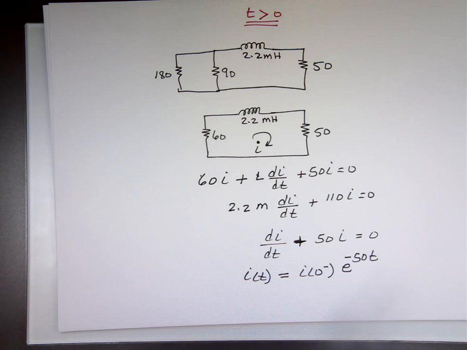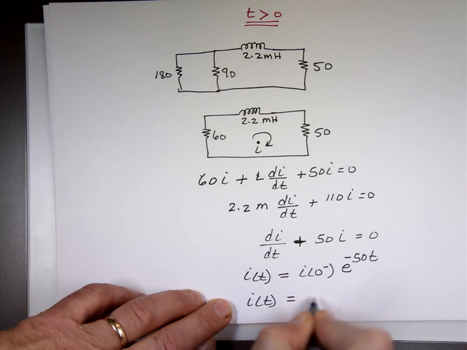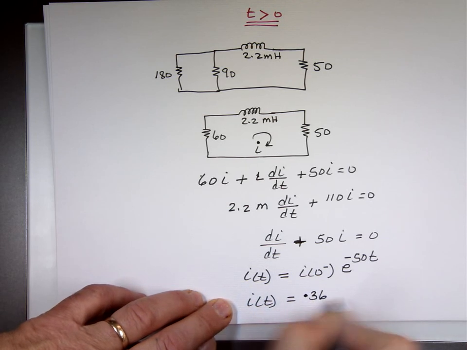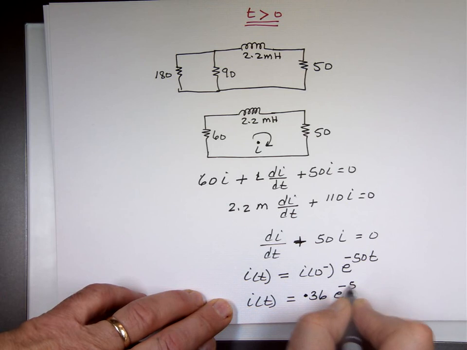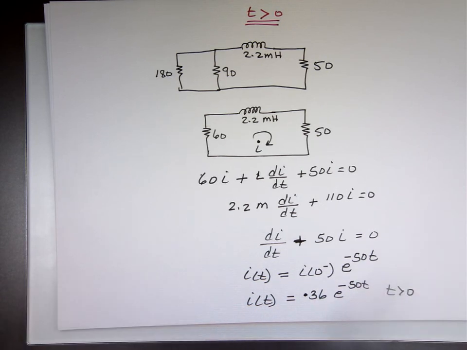I as a function of time is 0.36 e to the negative 50t for t greater than 0. So this is also a source-free circuit. My plan was to put some sources there, and maybe I'll do that next class.